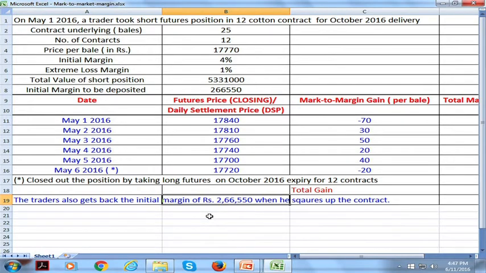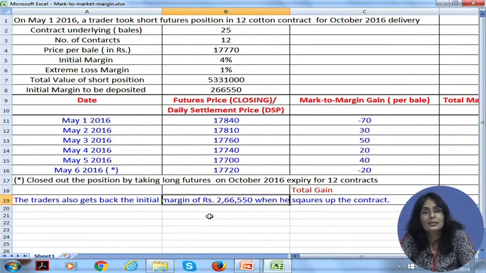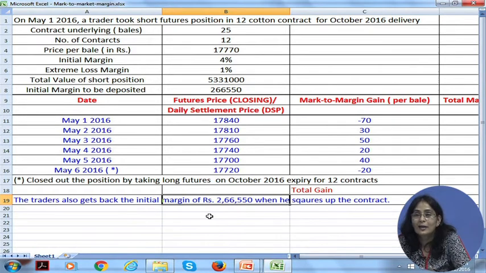One thing I would like to say here is that this is a mark to market margin calculation for only one contract. Let's say the cotton producer has taken a short futures contract in the October 2016 contract as well as a short futures contract in the November 2016 contract. The mark to market margin calculation will be done separately for both of these contracts.